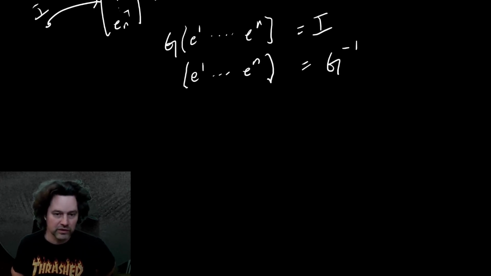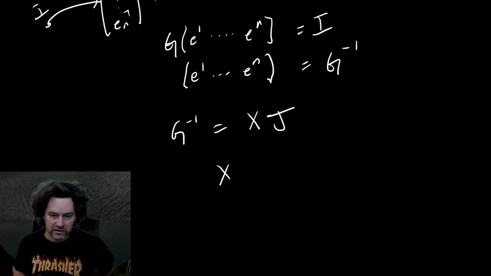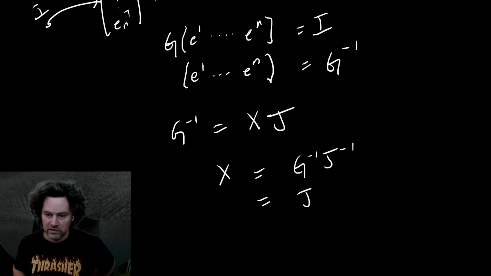So we're now left with G inverse equals X J. So X is G inverse J inverse, or J G inverse.